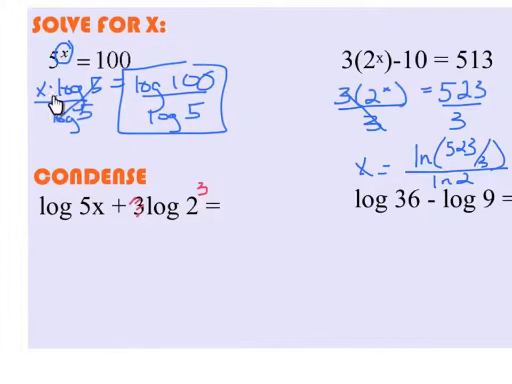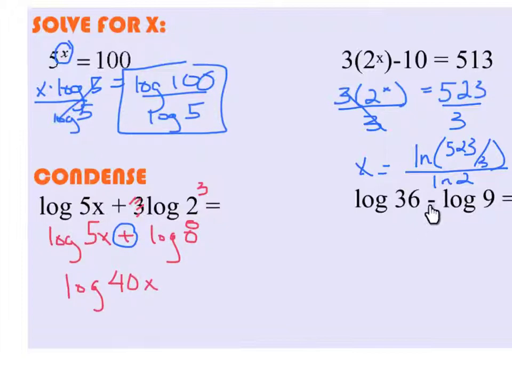The log of x times log of 5 is the same as log of 5 to the x. So let me rewrite this. We've got the log of 5x plus the log of 2 to the third, which is 8. And because of the addition, we're going to multiply. So we end up with log of 5x multiplied by 8, which is 40x.